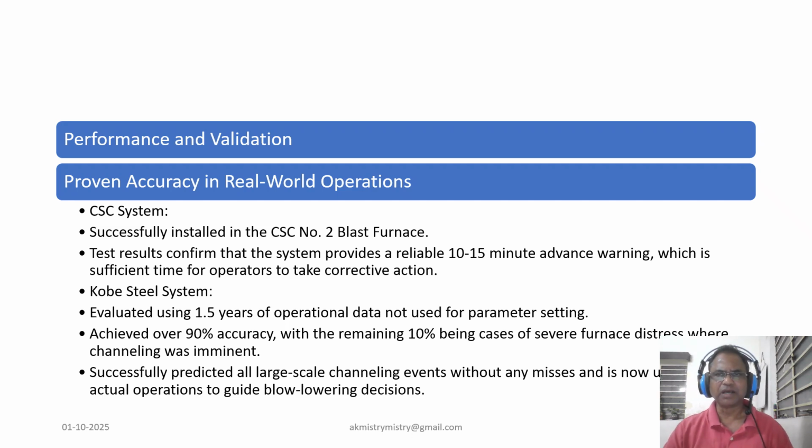Kobe's system was evaluated using 1.5 years of operational data not used for parameter setting. It achieved over 90% accuracy, with the remaining 10% being cases of severe furnace distress where channeling was imminent. It successfully predicted all large scale channeling events without any misses and is now utilized in actual operation to guide blow lowering decisions.